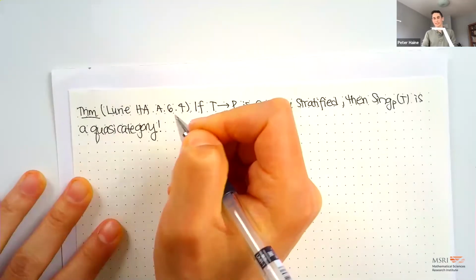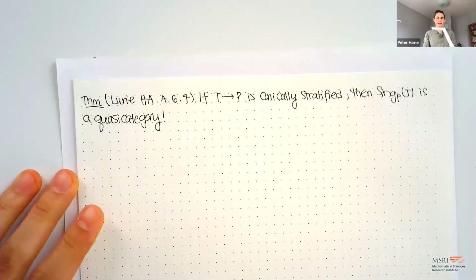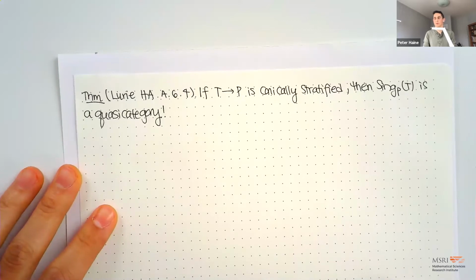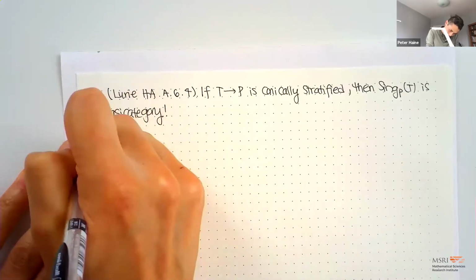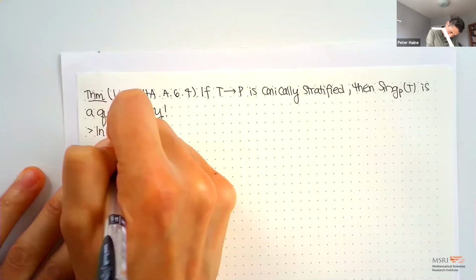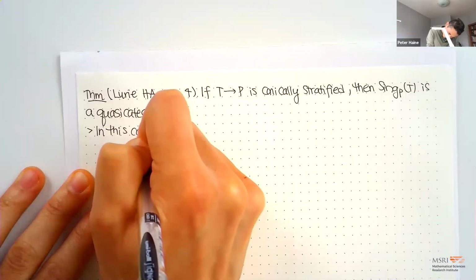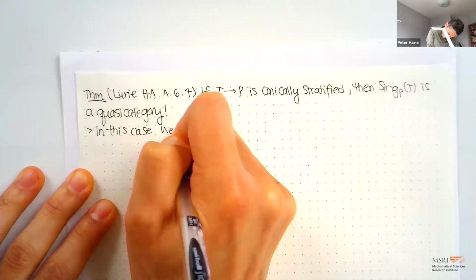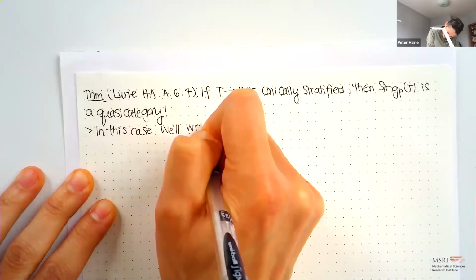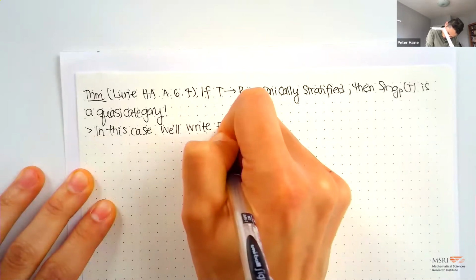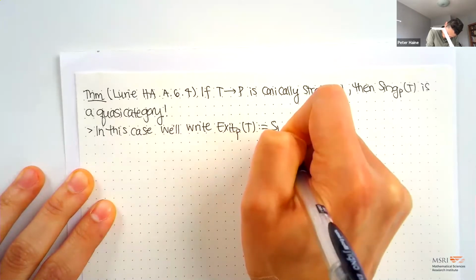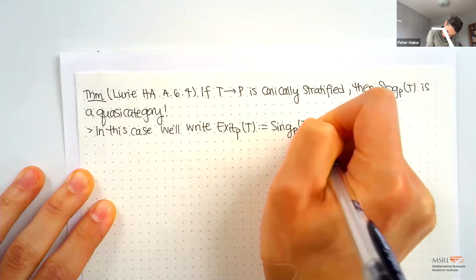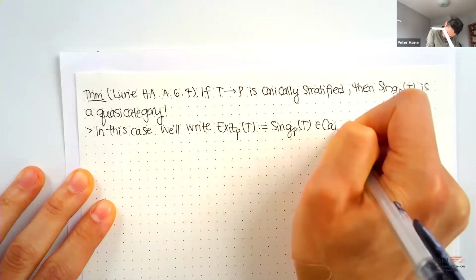So it really does the job of what we wanted this exit path thing to do. In this case, we'll write Exit P of T for Sing P of T, regarding it as an infinity-category.